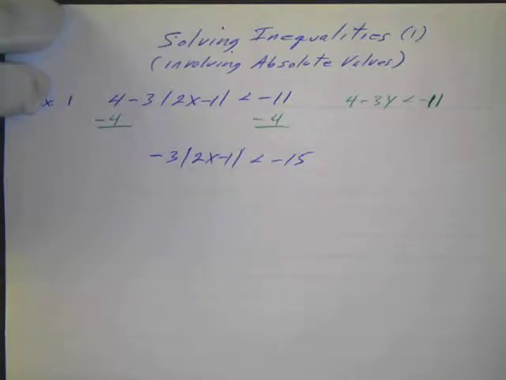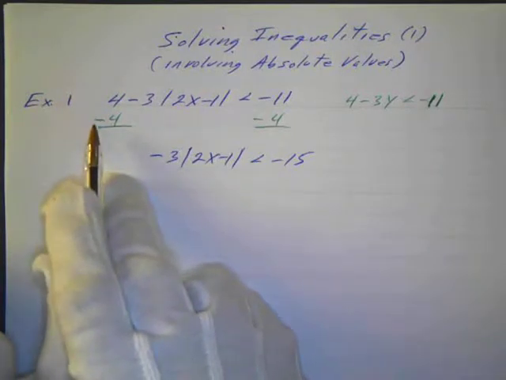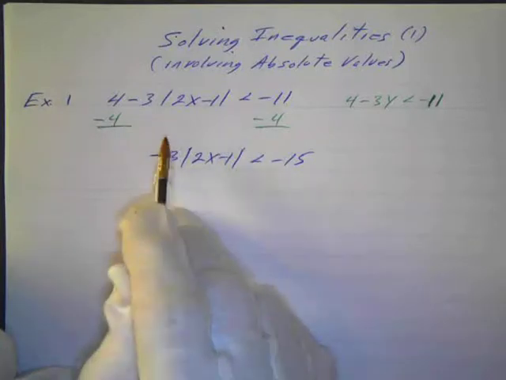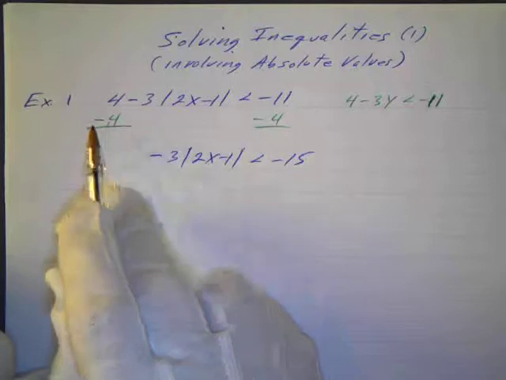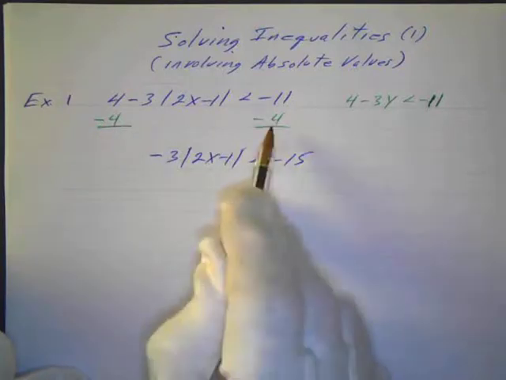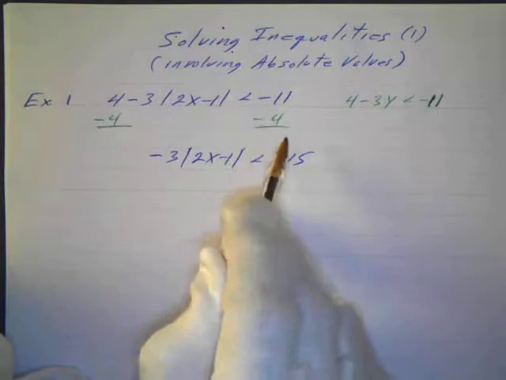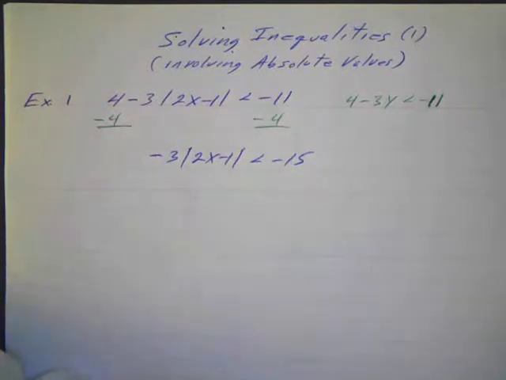Remember, we can add or subtract both sides of an inequality by the same number, and it won't change the direction of the inequality. We can also multiply and divide by a positive and won't change the direction, but if we multiply or divide by a negative, it will change the direction of the inequality.